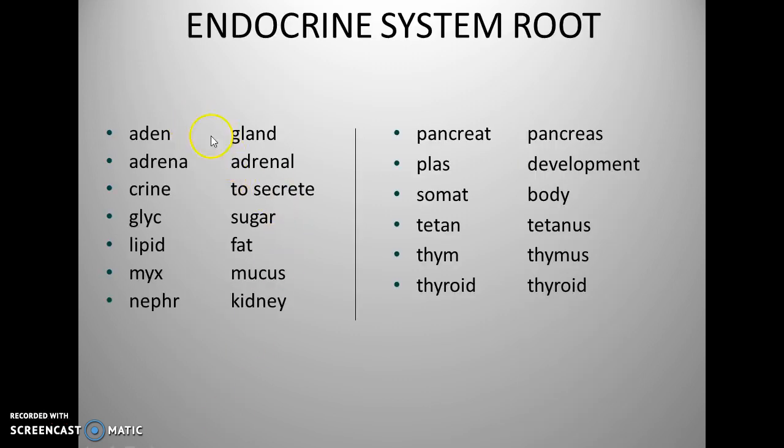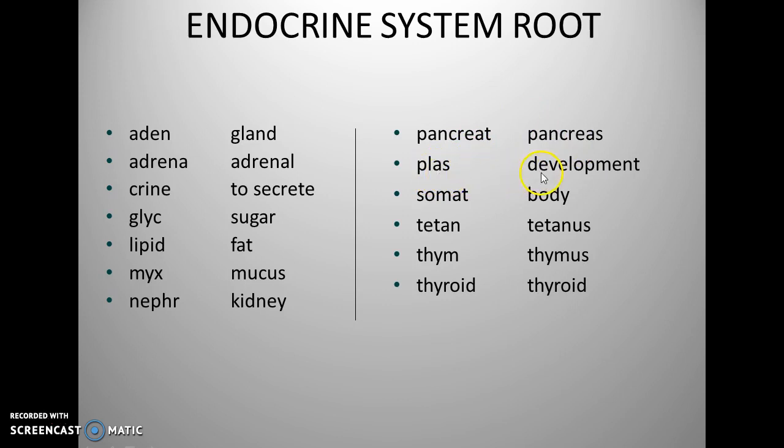Certain keywords that you should be familiar with in the endocrine system is aden, which is gland, adren, adrenal, crin, to secrete, glyc, sugar, lipid, fat, muc, mucus, neph, kidney, pancreatic, associated with the pancreas. If I put ic, means pertaining to the pancreas.